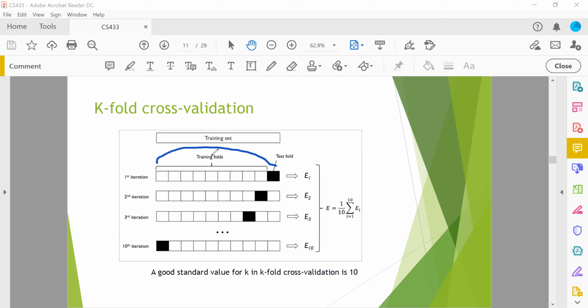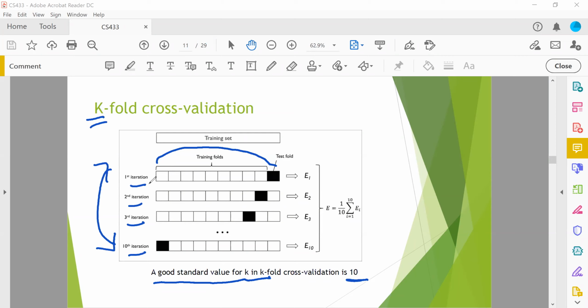Then you divide it into a number of folds, which we call k-fold. Generally speaking, a good standard for k-fold is 10. So you divide the original training set into 10 folds. Be careful, it's not just one iteration.